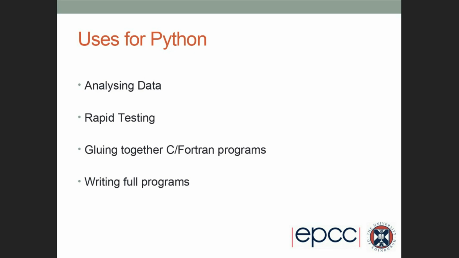This comes with a little bit of a caveat because Python programs are not very fast. They're often quite slow. There are a number of reasons for this, some of which I'll go into. But sometimes, because of some of the benefits of Python we mentioned above, it is a good justification to write full programs in Python, but often you're better off using a faster language like C or Fortran.